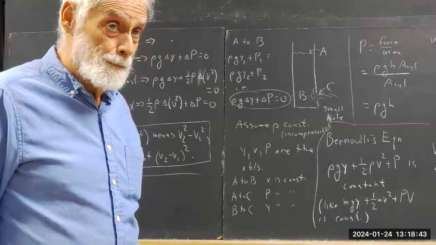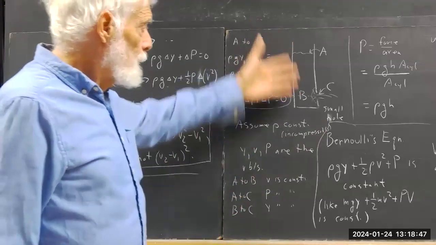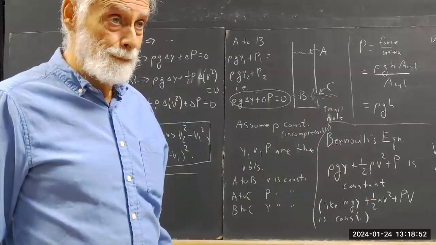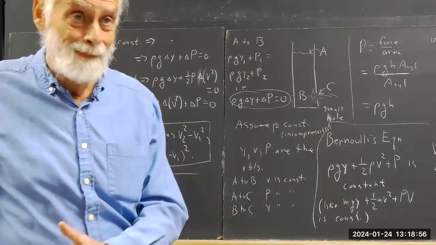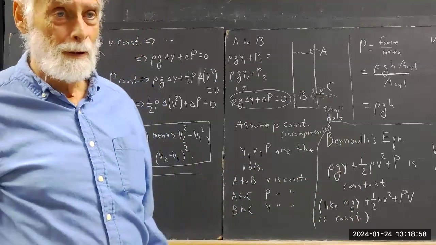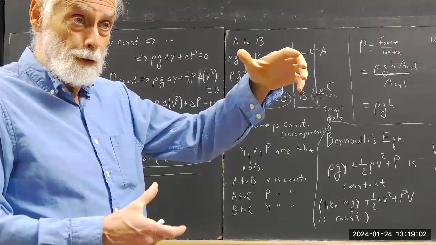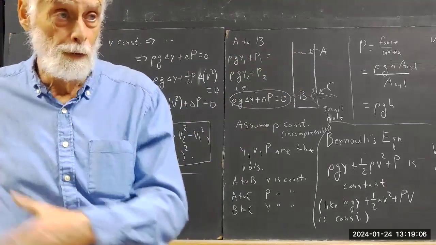Now let me say something that I haven't really said. This all applies to a continuous fluid. If there are any breaks in the fluid, then what happens in this part of the fluid is independent of what happens in that part. Any changes that happen over here once the fluid is broken don't influence the chunk of fluid over here.